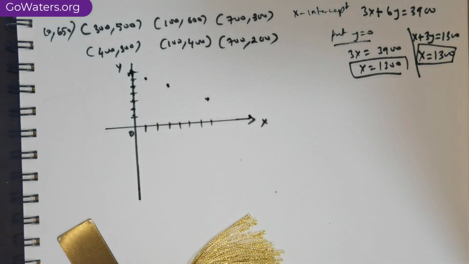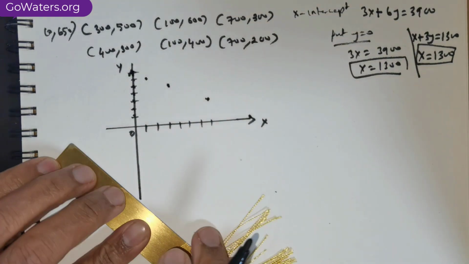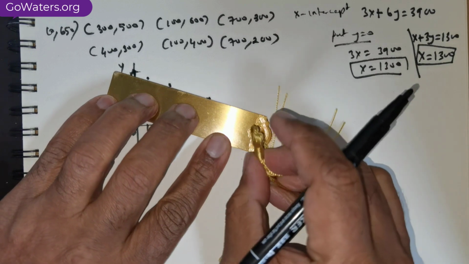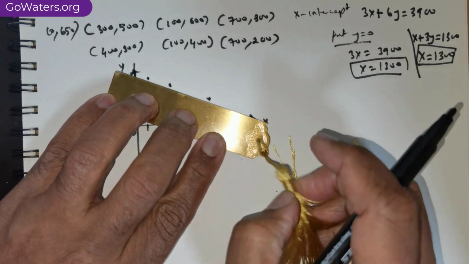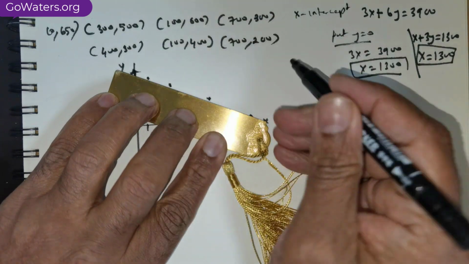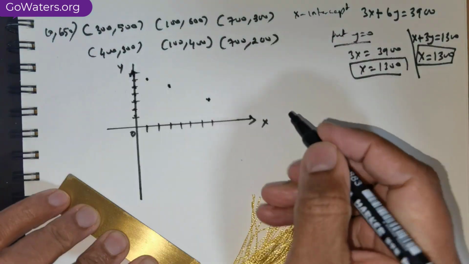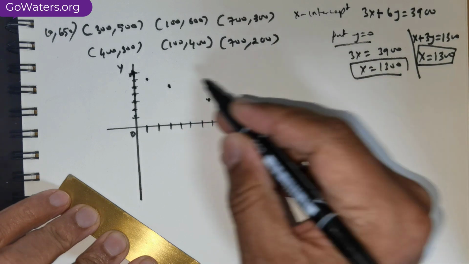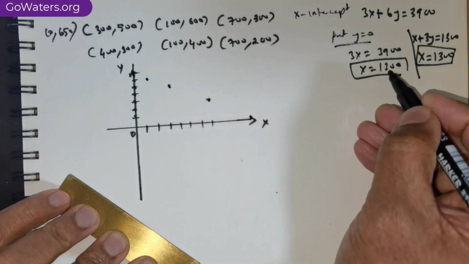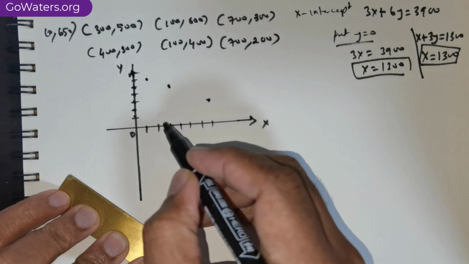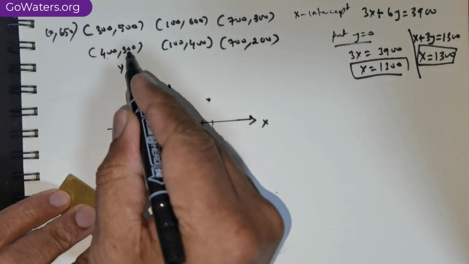So you can plot these points and then name them, right? Name these points. Now what I am going to do is I'm going to connect these points. I'm going to make a connection and I have to ensure that the intersecting lines are hitting at 1300. That's important.